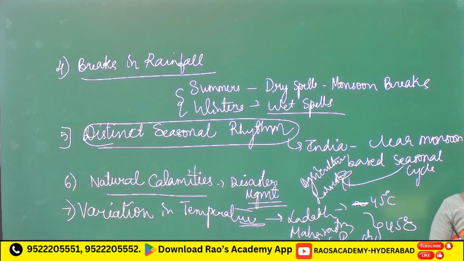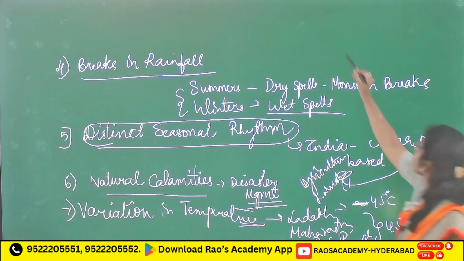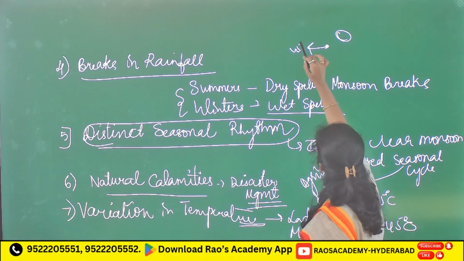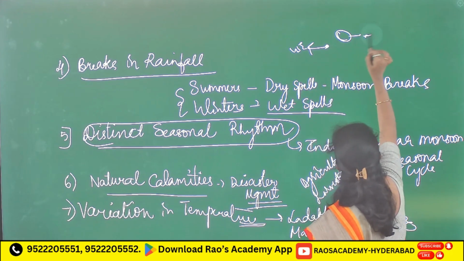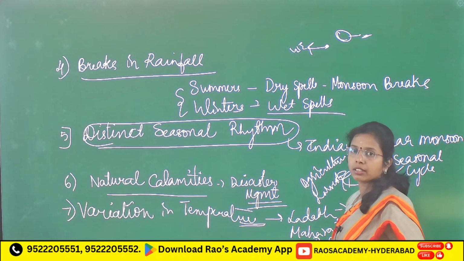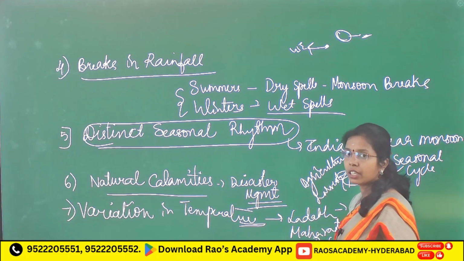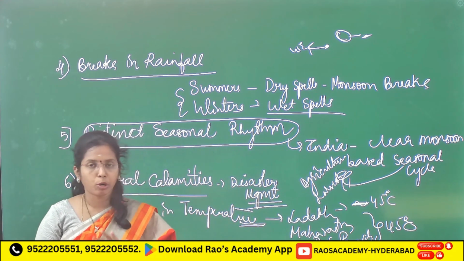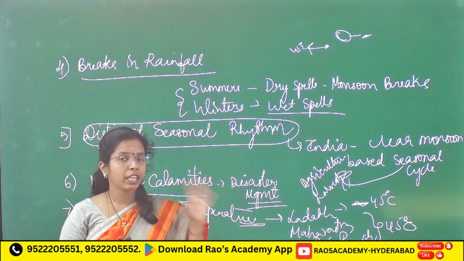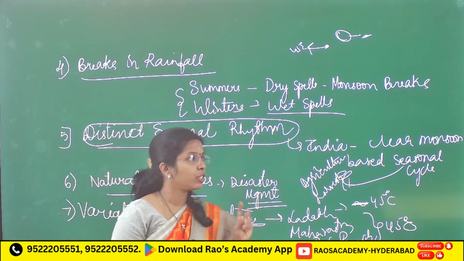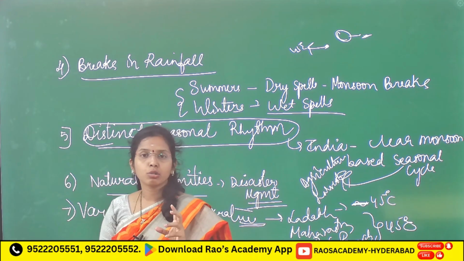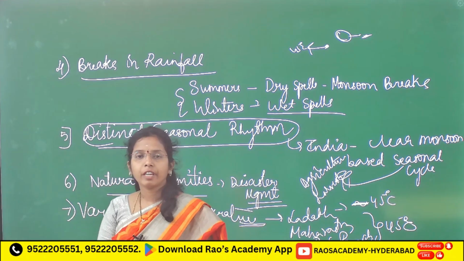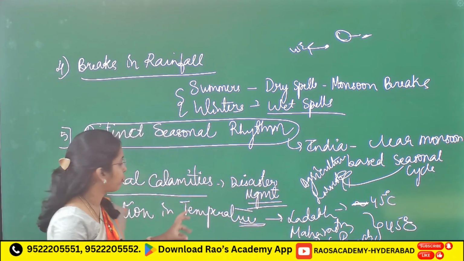Same country, but here Ladakh, here Punjab. Here it is approximately 45 degrees in summer, here you will see minus degrees. Both are in the tropical and subtropical zone, but the variation in temperature is very important. Because of this variation in temperature, we see distinct pressure systems and reversal of winds. All these form a monsoon climate for our India.